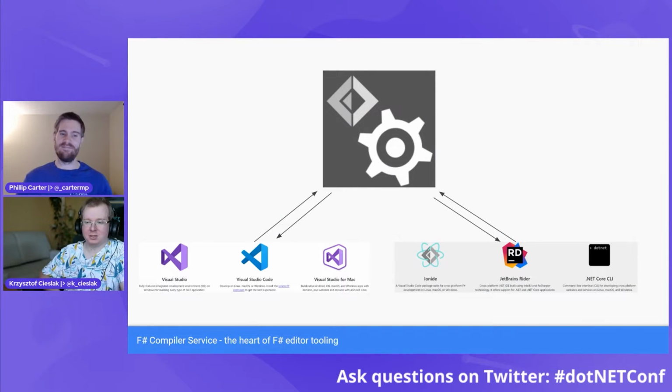Yeah, so the component is called F# Compiler Service, and without going too deeply into technical details, it is a version of the F# Compiler that's distributed as a normal .NET library. You can add it as a NuGet package to any of your .NET projects and get access to the internal APIs of the compiler, and some additional APIs that help build editor tooling and any other kind of tooling.